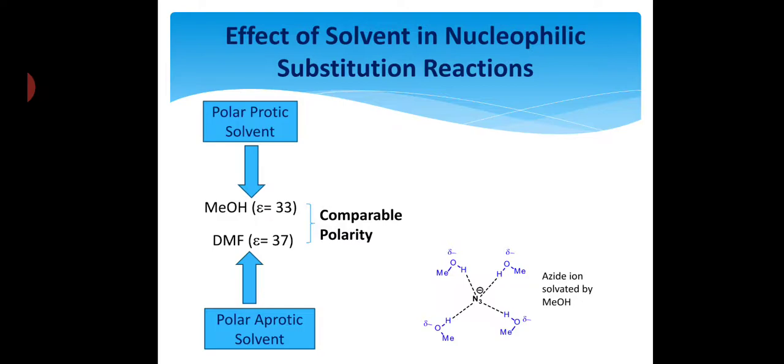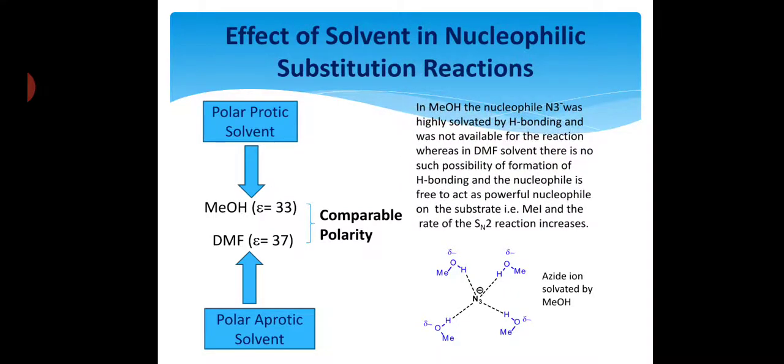The moment the solvent is changed from polar protic solvent to polar aprotic, no such stabilizing effect is possible because DMF cannot form hydrogen bond, and hence the nucleophile is free to attack the substrate, and the rate of the reaction increases 10 to the power 4 times.